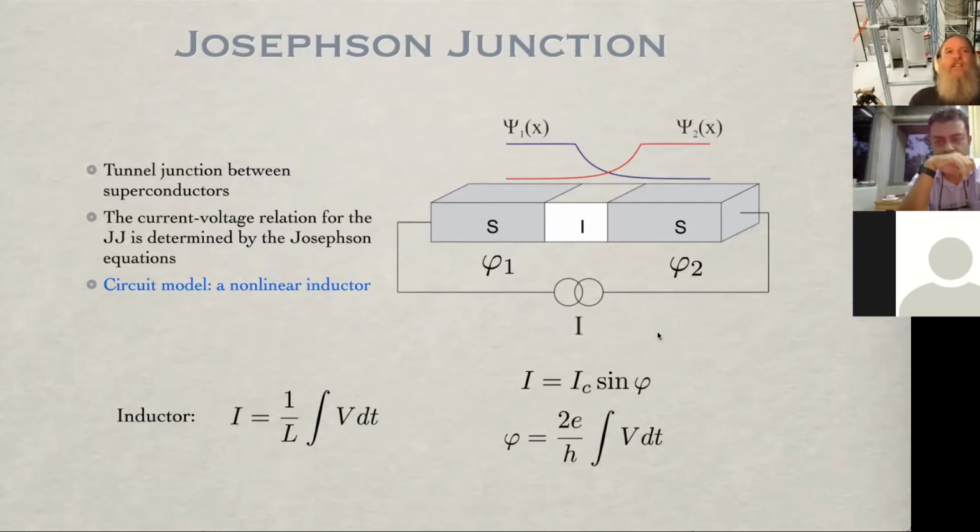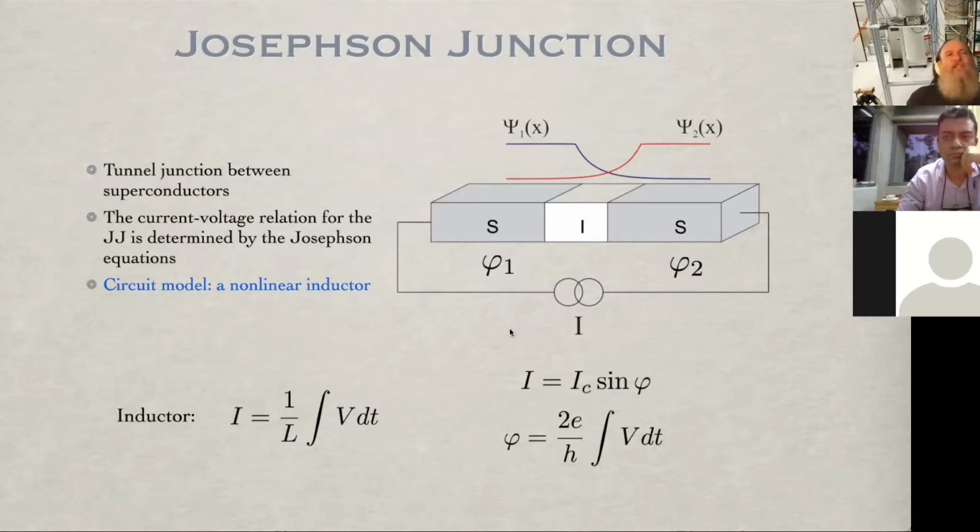And then I see that the Josephson junction now, in this sense, just looks like a nonlinear inductor, right? So now I have a nonlinear function of the voltage, but I can expand this sine to first order, and I recover just a linear Josephson junction. And then, of course, if I go to higher order, I get a nonlinear Josephson junction.